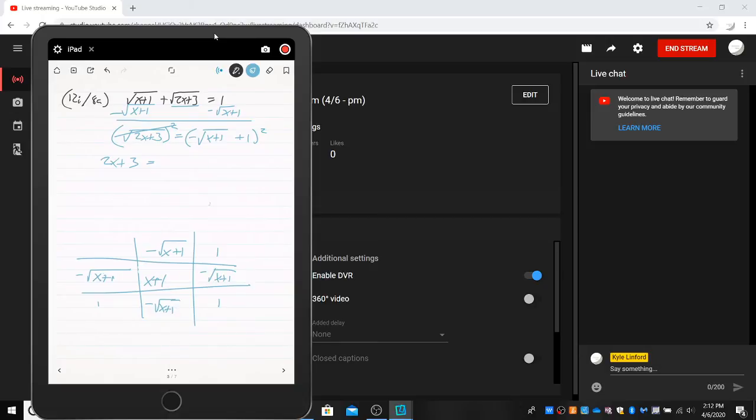So when I combine some like terms here, that's x plus 1 plus 1, which is x plus 2. And then let's combine these radicals here because they're like radicals. Negative root x plus 1 and negative root x plus 1 is negative 2 root x plus 1.